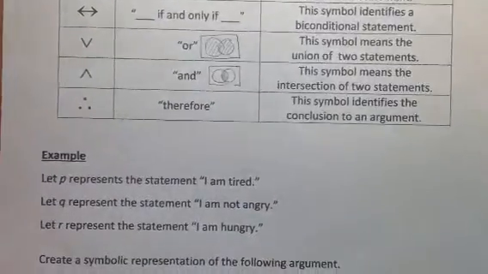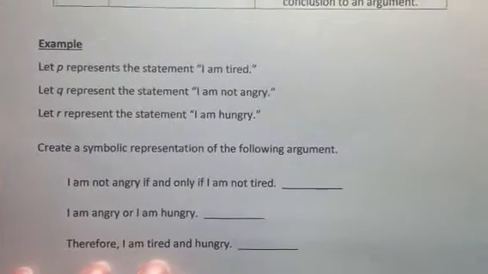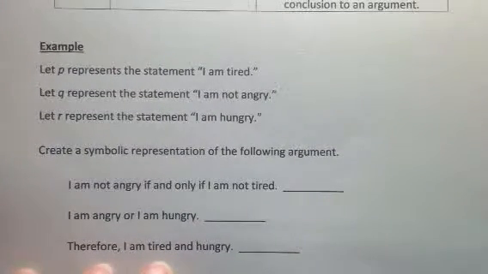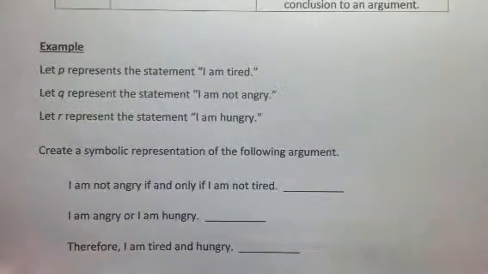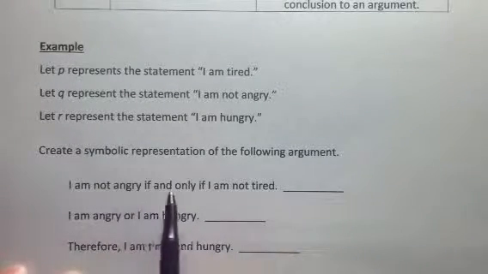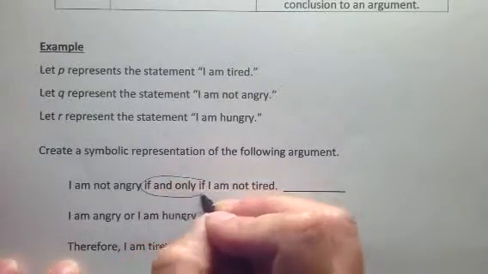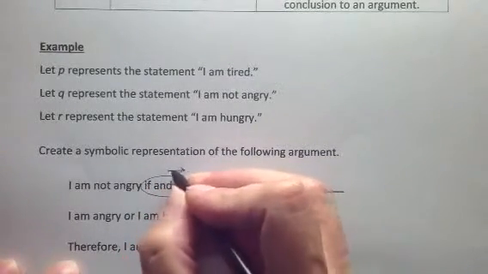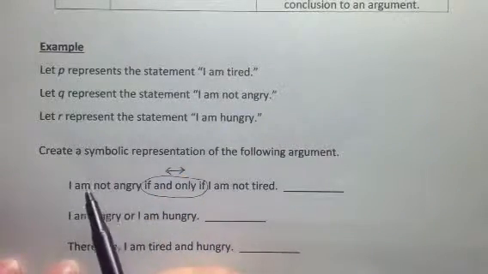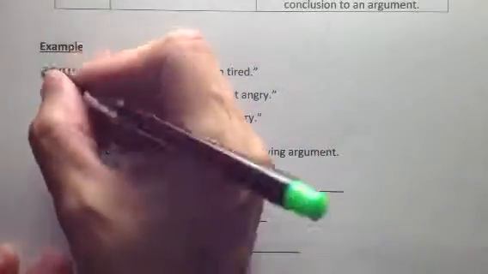Okay, I need to lift this to move down. So you're going to have to be looking at the top of your paper. I am not angry if and only if I am not tired. Okay, so when I see the if and only if, I know that I'm doing one of these guys. Now, I am not angry. Well, let's go through here and make sure we know what everything is.